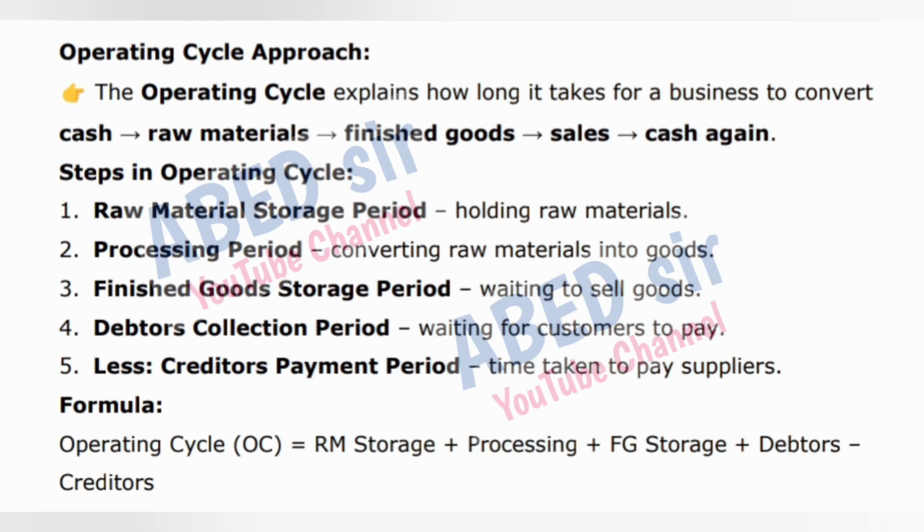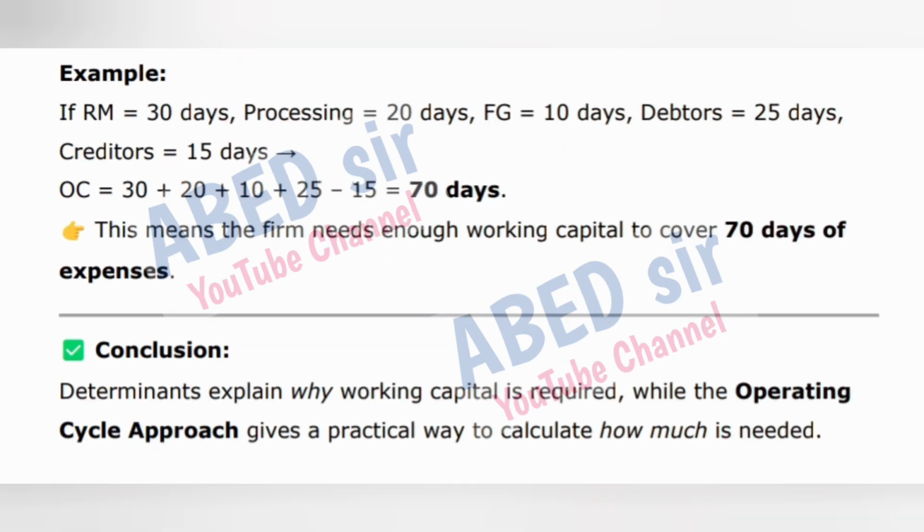Formula. Operating cycle, OC, equals RM storage plus processing plus FG storage plus debtors minus creditors. Example. If RM is 30 days, processing is 20 days, FG is 10 days, debtors is 25 days, creditors is 15 days.